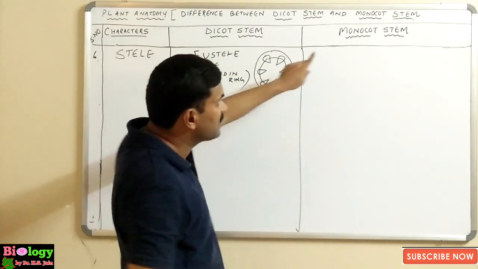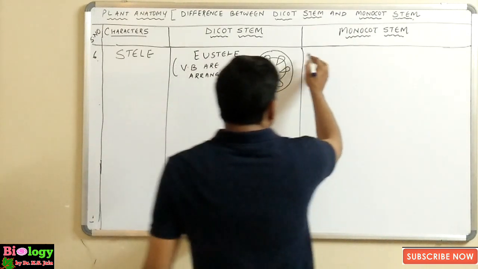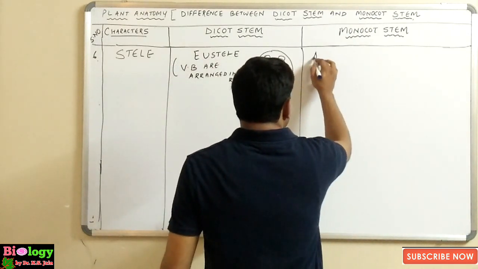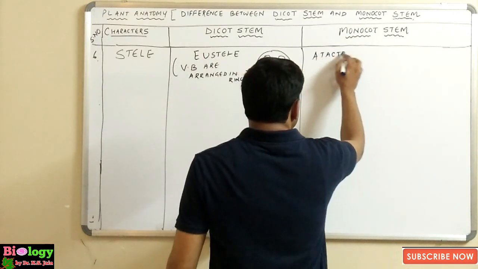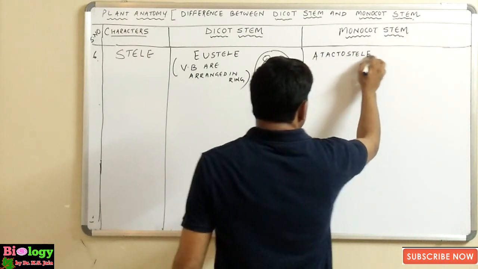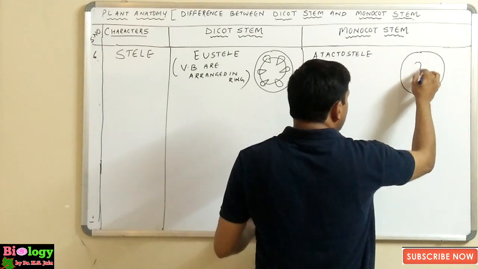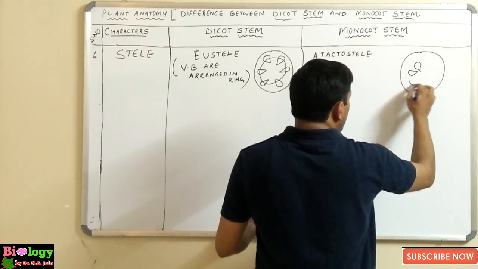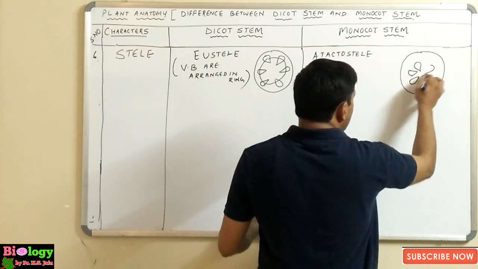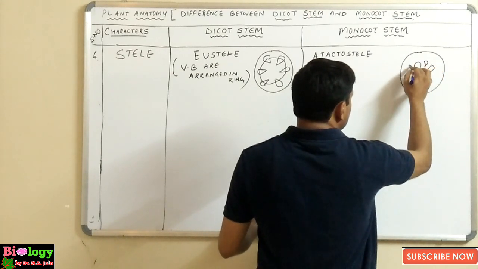Okay, and in the case of the monocot stem, the type of the stele is atactostele. Atactostele means that here the vascular bundles are scattered. They are not present in a ring. They are scattered here and there.